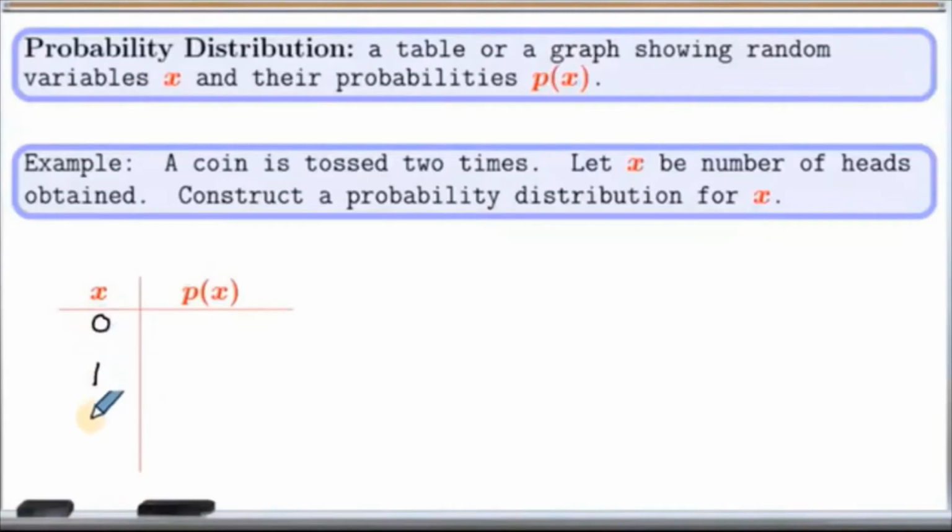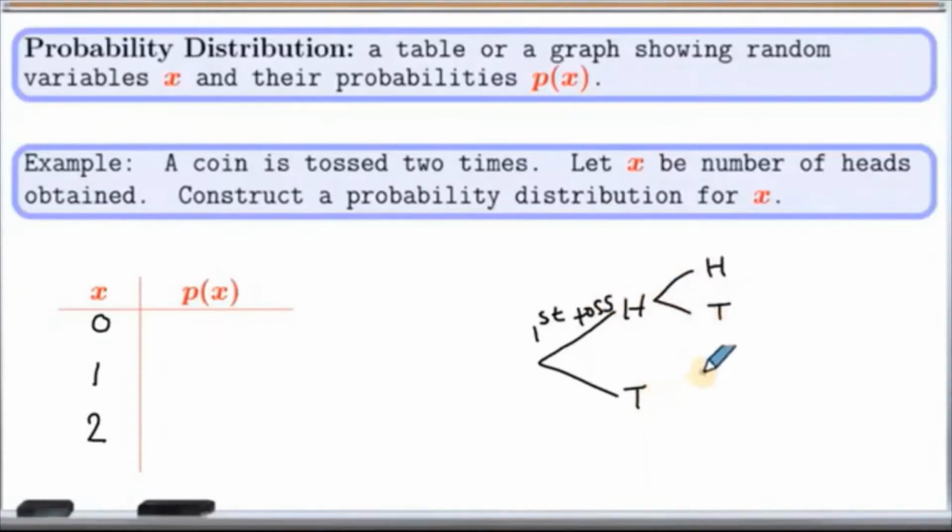1, and 2. Now, to find the probabilities, we will list the sample space first. For that, we can use a tree diagram. So let me make a tree diagram over here. On the first toss, we will be getting head and tail. So this will be the first toss. And for the second toss, we'll be getting head and tail as well.